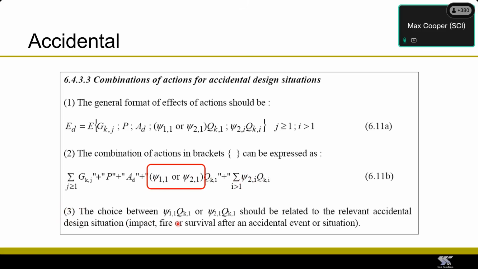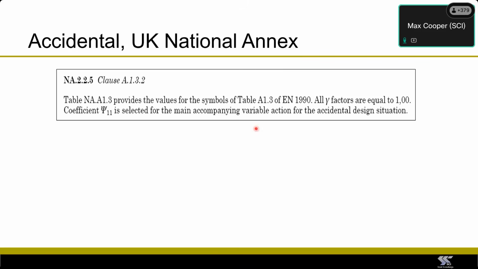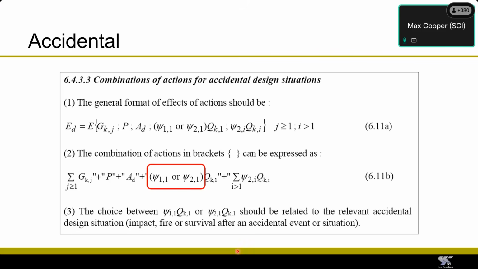Well, thankfully, in the UK, we have the UK National Annex to turn to, and that specifies that we should be using psi 1 for the main accompanying variable action. So that's the leading variable action in the accidental design situation. So if we go back, we see that actually in the UK, we should always be using psi 1.